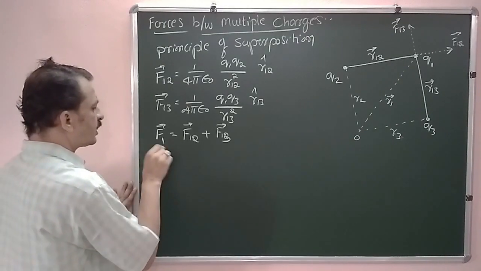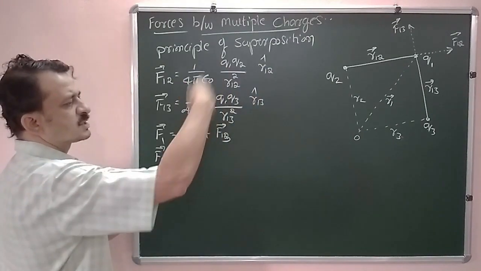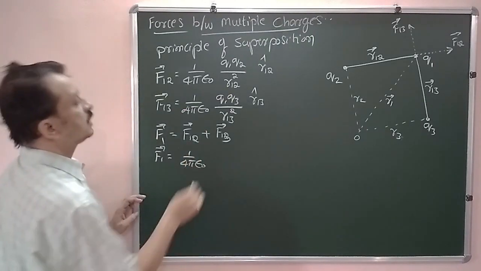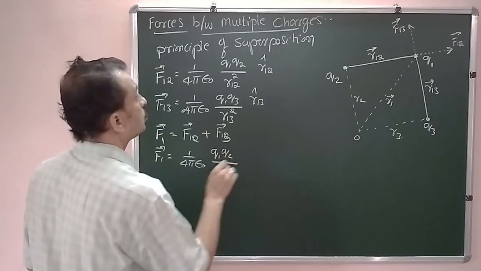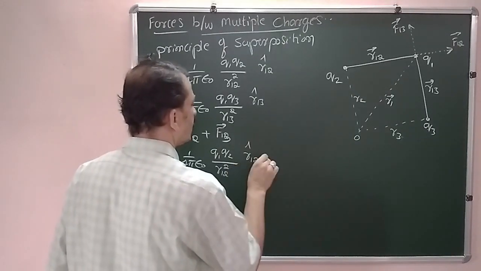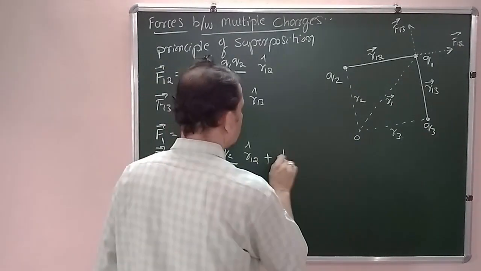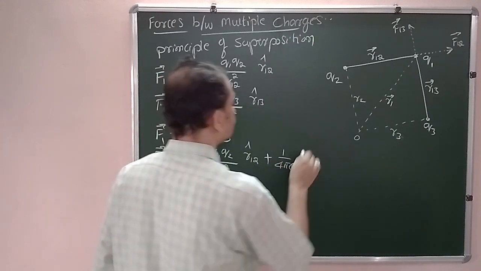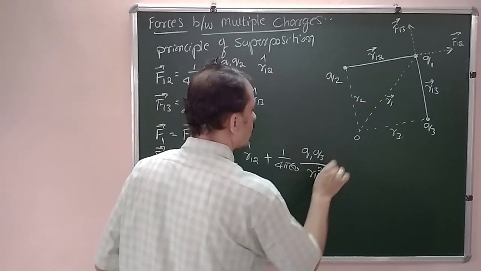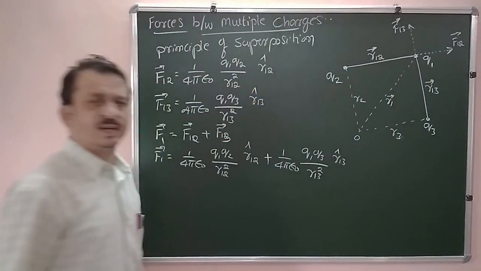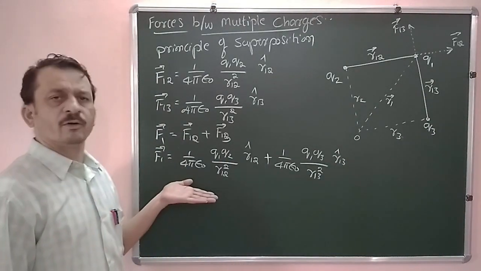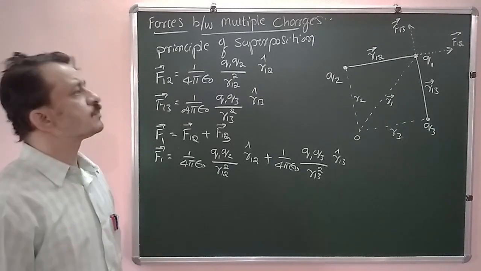So vector F1, the force on the first charge due to the system of charges, is 1 divided by 4 pi epsilon naught, Q1 Q2 divided by R12 square into R12 cap, plus 1 divided by 4 pi epsilon naught, Q1 Q3 divided by R13 square into R13 cap. Like that we are going to have the vector addition of forces.